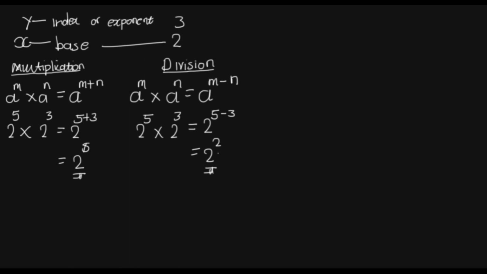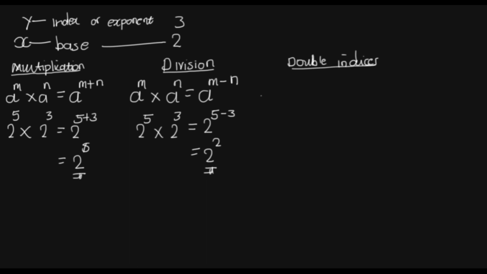Now the next one, let's say we have raising a power to an index, also sometimes called the double indices. So let's look at the double indices. The double indices can be simplified like this.